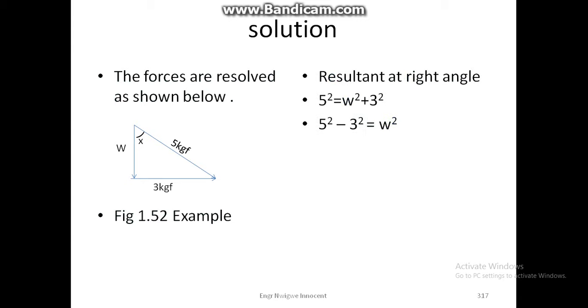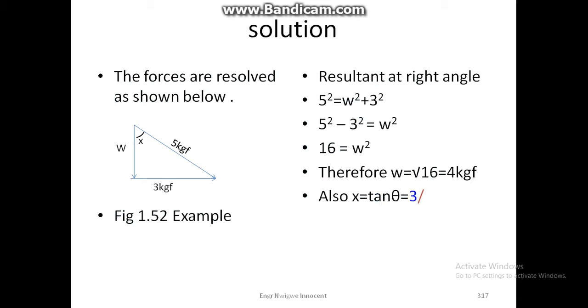Then, making W the subject of the formula, which is the unknown, we bring 3 to the other side to give us 5 squared minus 3 squared equal to W squared, which will now give us 16 equal to W squared. Therefore, W will be the square root of 16, which will give us 4 kgf.